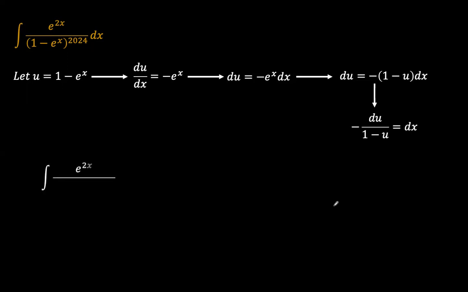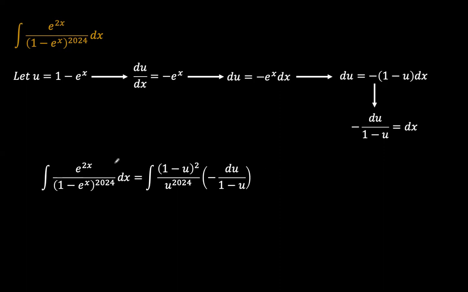And so pulling out our problem, we say, okay, the integral of e to the power 2x over 1 minus e to the power x to the power 2024. Here 1 minus u is e to the power x. Then we square that to make it e to the power 2x. And in the denominator, since u is equal to 1 minus e to the power x, the denominator is u to the power 2024.